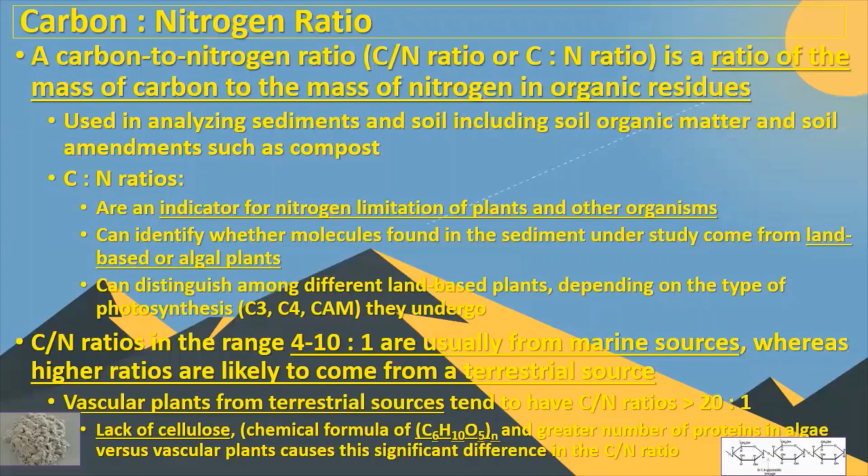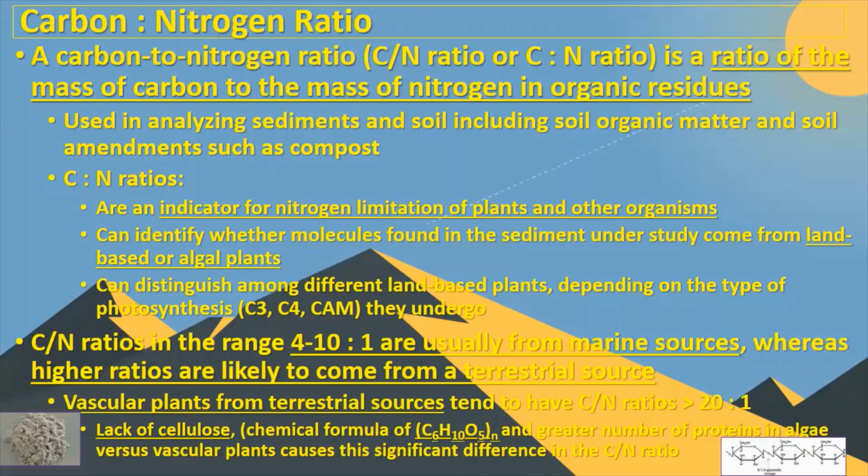So scientists will look at that to understand the lack of cellulose, which has a big complicated little formula here. Algae has a greater number of proteins than the cellulose walls of, say, the plants. Algae doesn't have cellulose, and so it has less carbon.